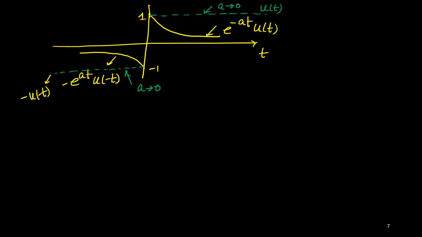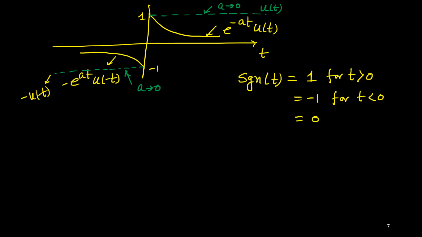So this signal, this green one, is called the signum function. Signum t is defined as 1 for t more than 0, and minus 1 for t less than 0. At t equal to 0 there is a discontinuity, a sudden change from minus 1 to plus 1, and we can avoid that by taking a middle value.